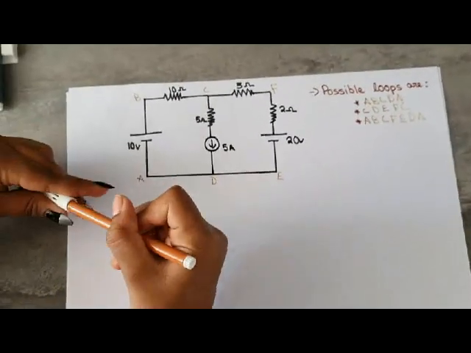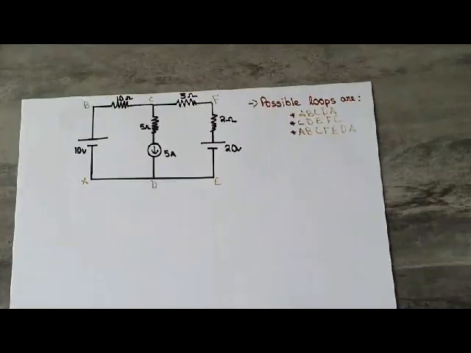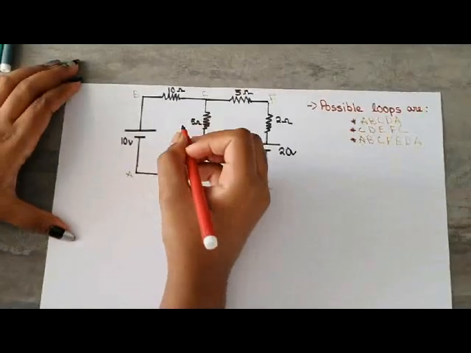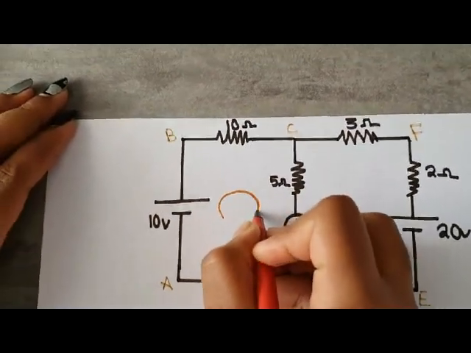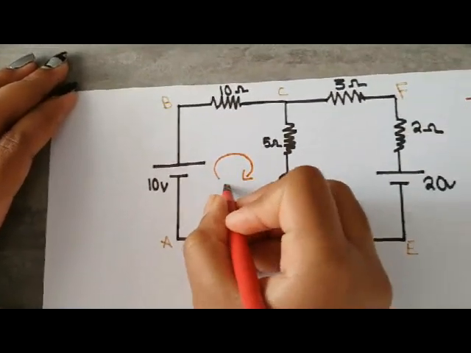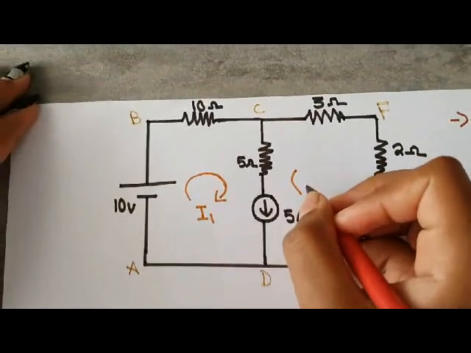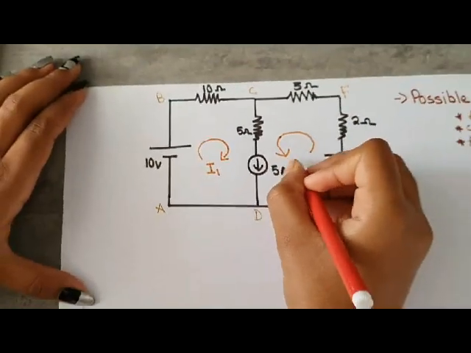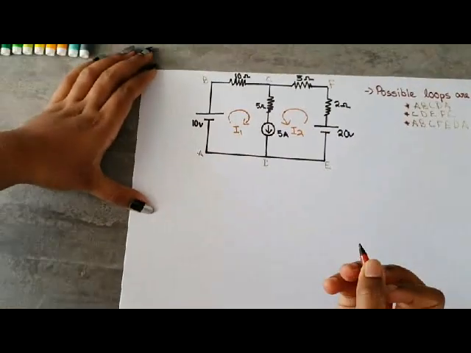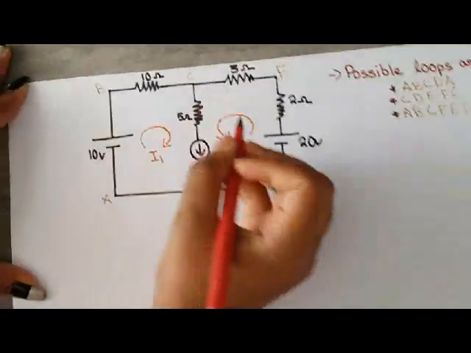Next we have to mark the currents. Here I'm marking I1 clockwise, and here I'll mark I2 anti-clockwise. Then let's mark the current in the branches.